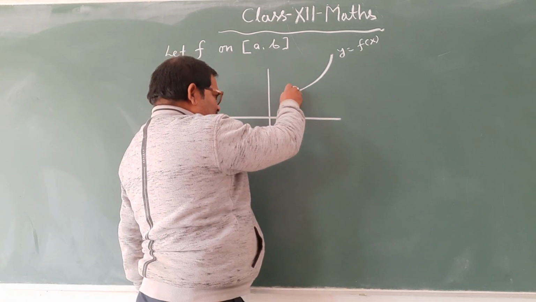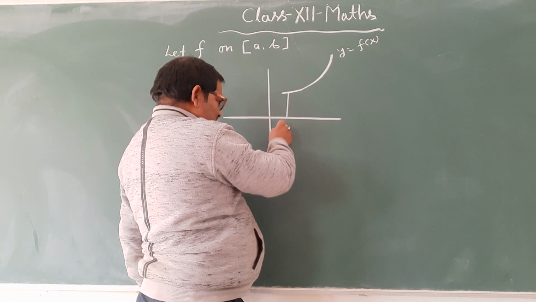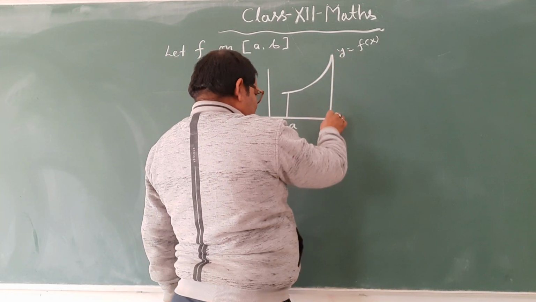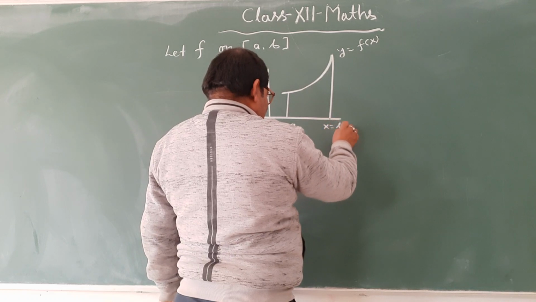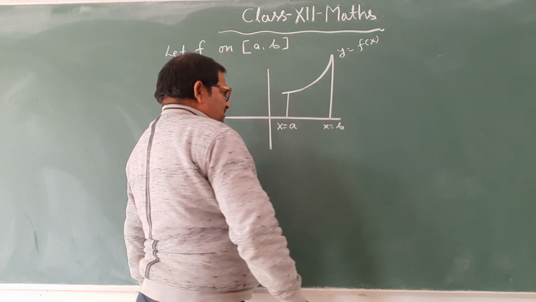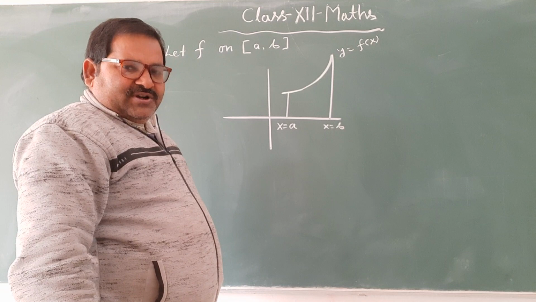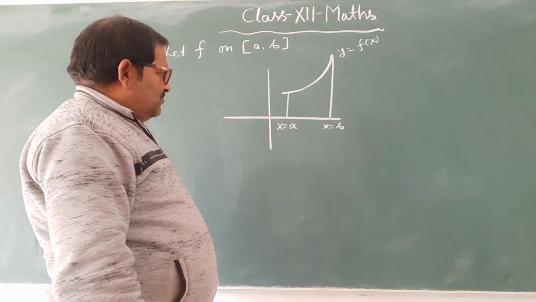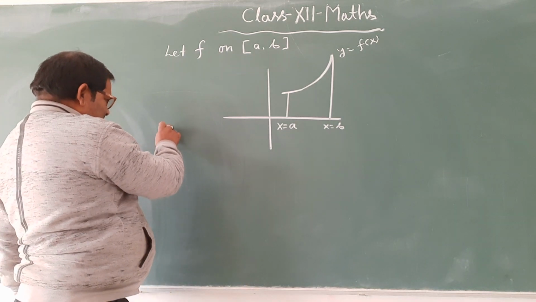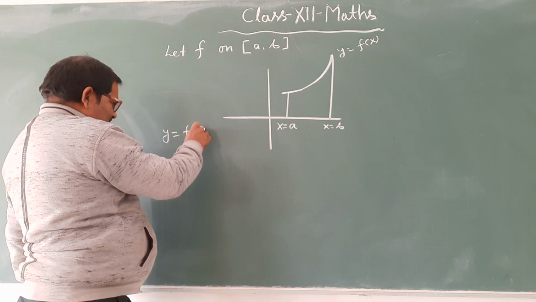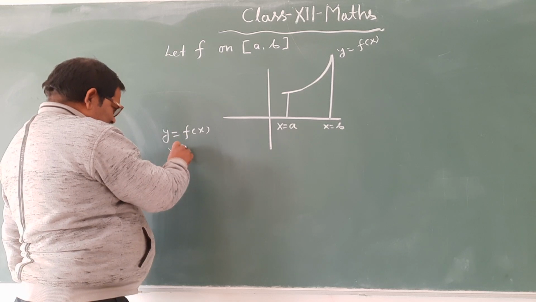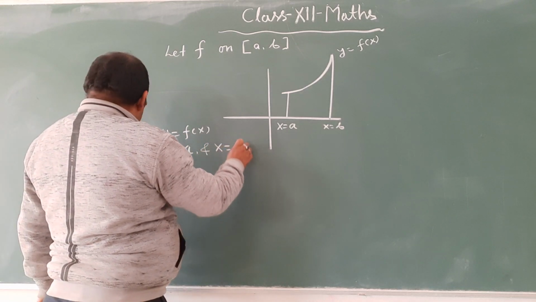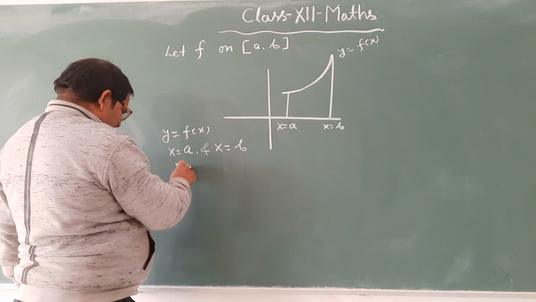And x is equal to A and x is equal to B. This curve is bounded by y is equal to fx, x is equal to A, x is equal to B, and the x-axis.